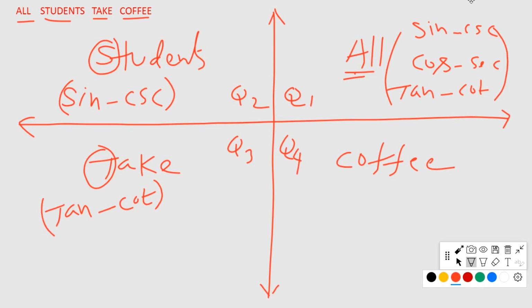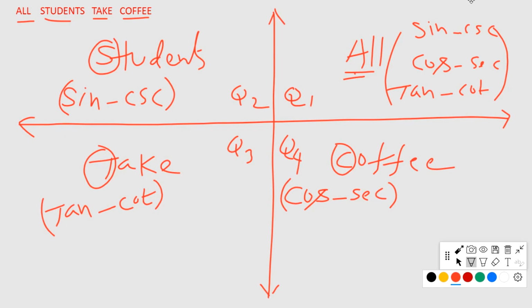In the fourth quadrant, coffee, first letter is C. C means cos and the multiplicative inverse of cos is secant. Cos and secant values are positive values in the fourth quadrant. Other 4 ratios are negative values in the fourth quadrant.